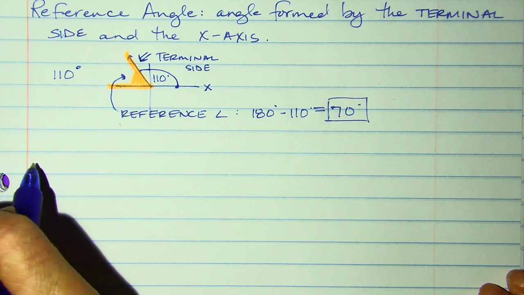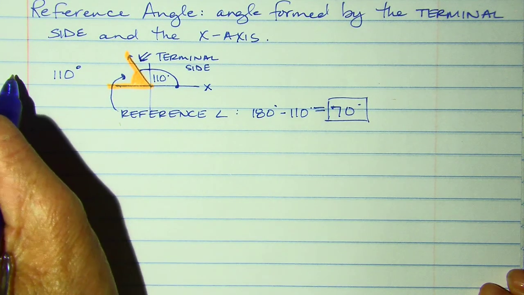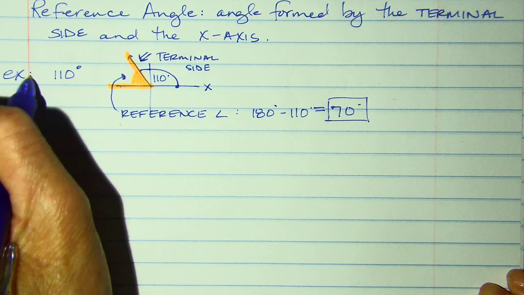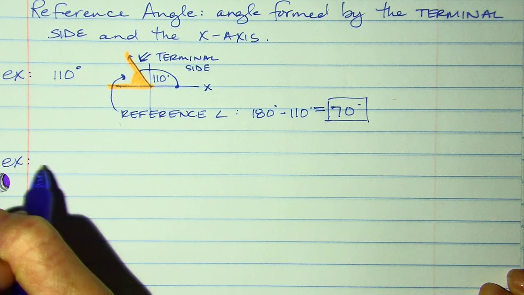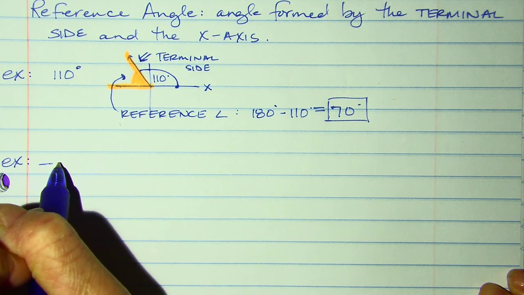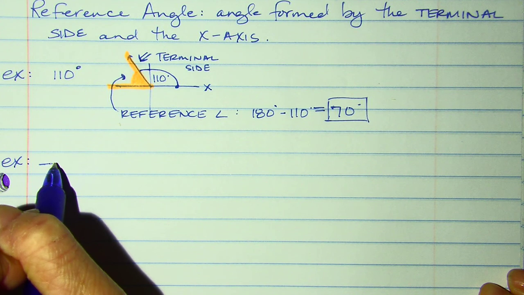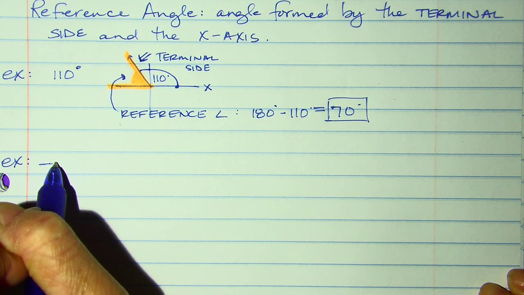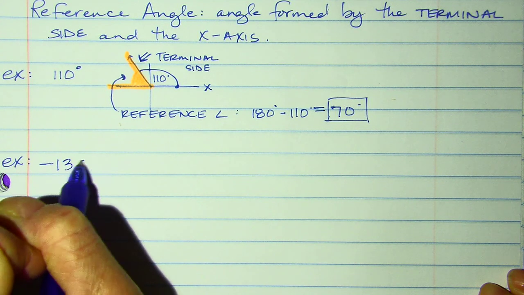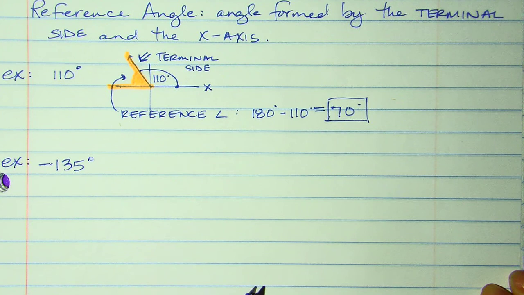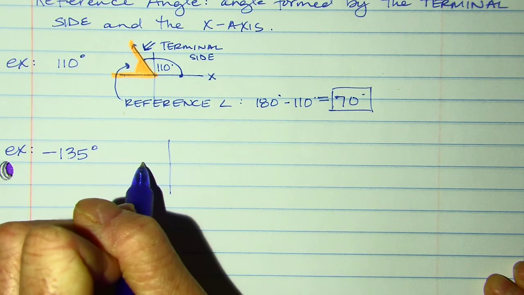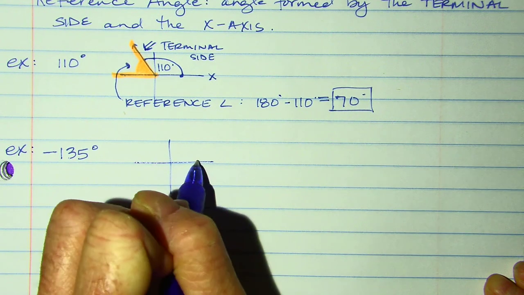Now, let's say another example. Negative 135 degrees. Okay, so now in this case, I am negative.